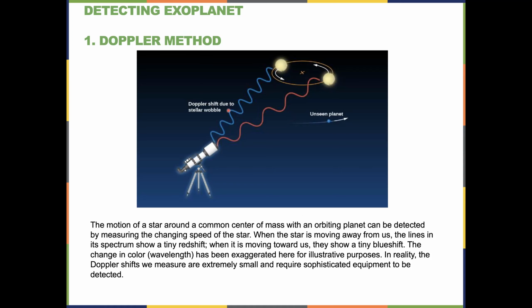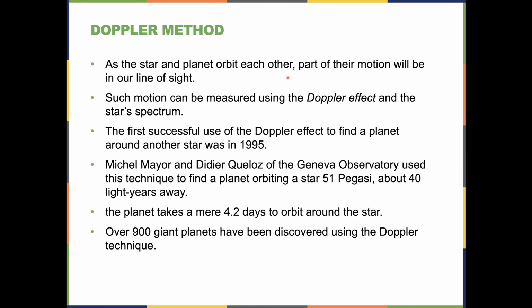So this is what happens. Now we can use this effect, which we call the Doppler effect, to conclude that there is an unseen planet around this star. So this is one way of detecting exoplanets, planets around other solar systems, which we call the Doppler method.